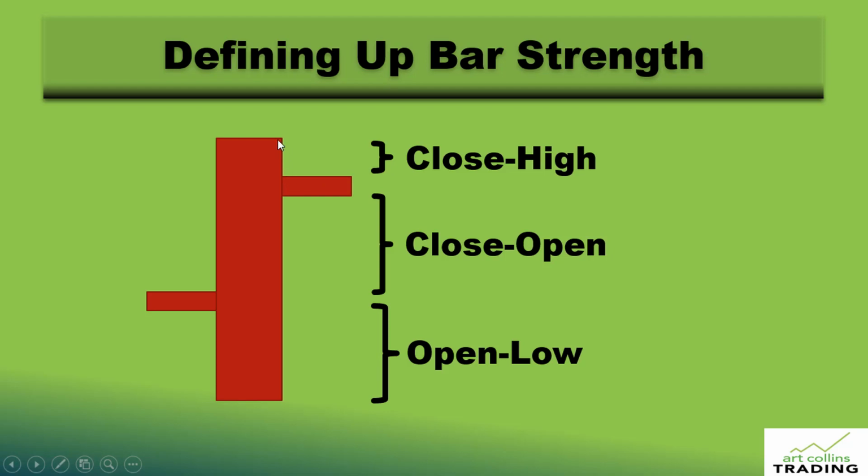So this part is negative. We take the close minus the high. Close minus open, of course, is always going to be positive. It's an up day. That's the meat of the day. No mystery there. And the open to the low is another rejection, so we're going to give that a positive value since the market did move away from that.